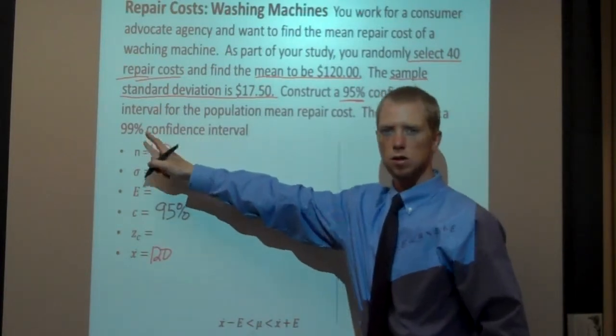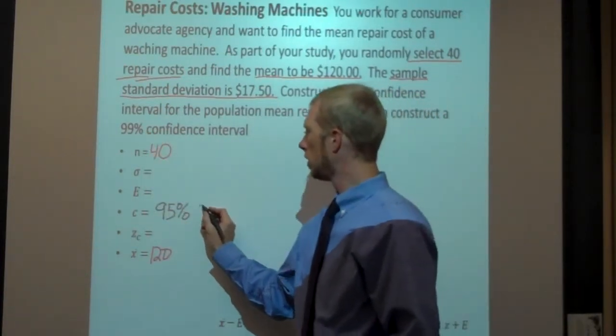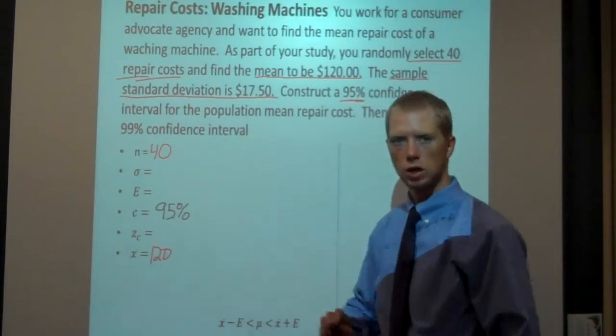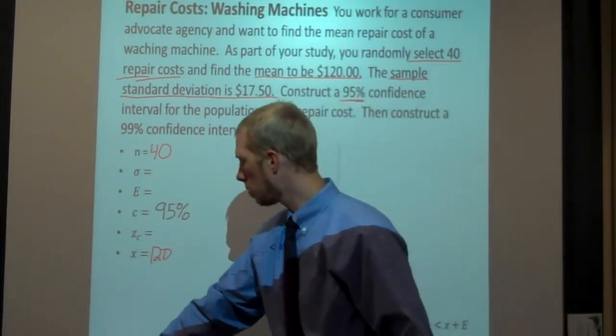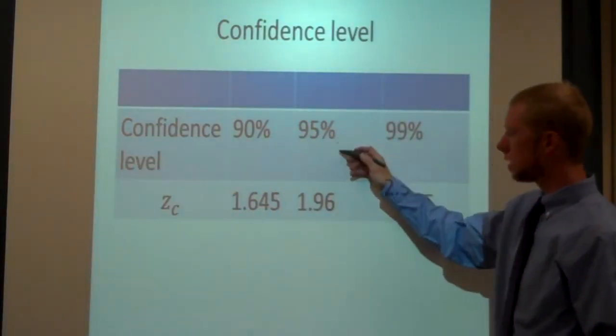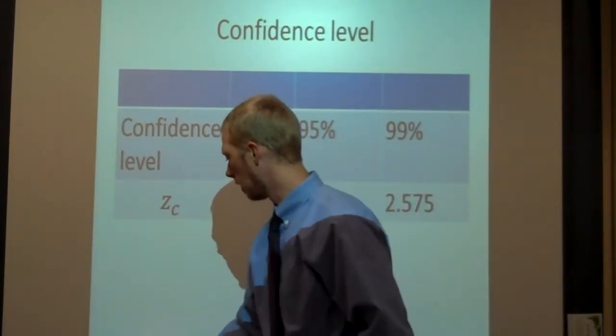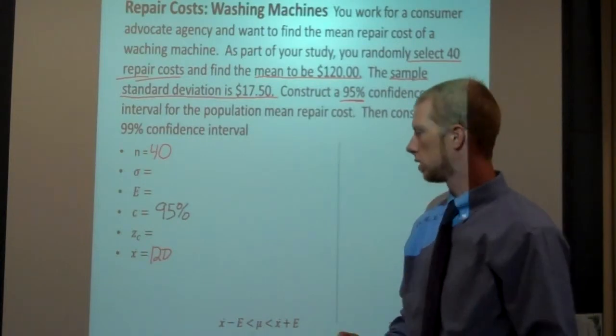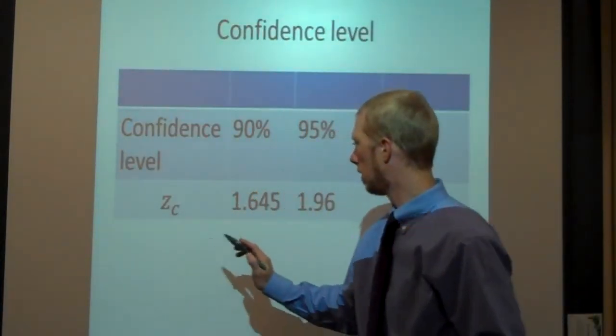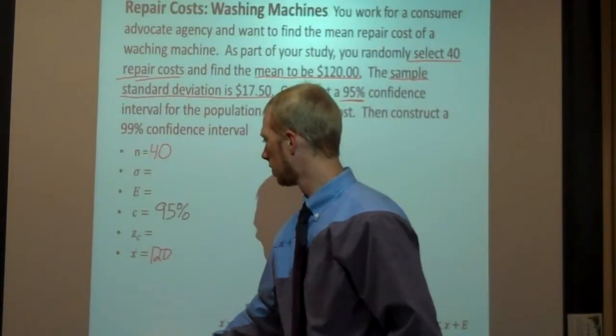Later on it does ask me to do a 99% confidence interval. The only difference will be that we'll change that to 99. Now going back one slide, I can see that a 95% confidence interval has a z sub c, or a z-score of my confidence level, of 1.96.